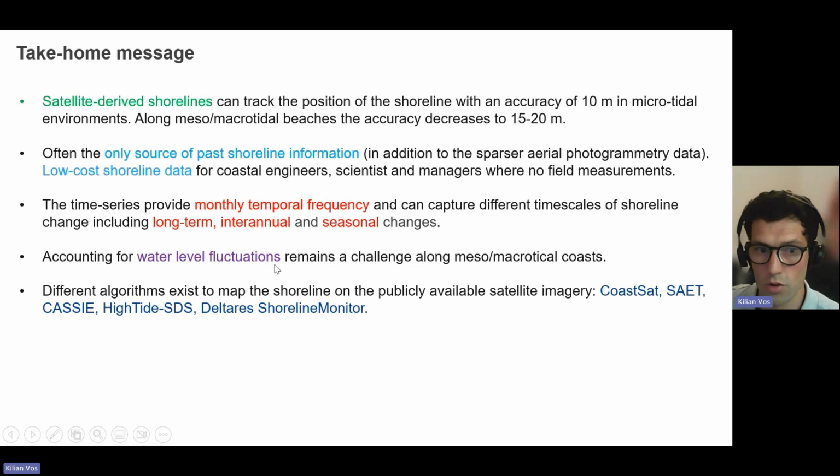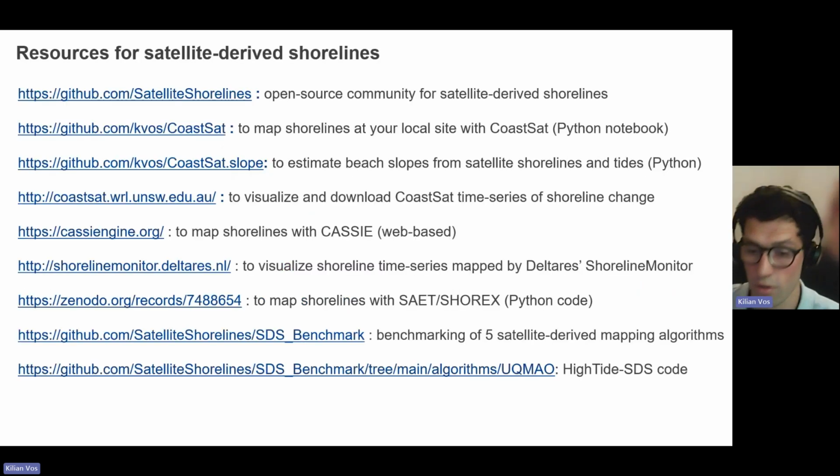And just to conclude, here's a list of resources that you can use. So open source toolboxes. We created an open source community on satellite-derived shorelines called Satellite Shorelines. And here's different data sets on CoastSat, but also other toolboxes like CASI, ShoreX, and Deltares.